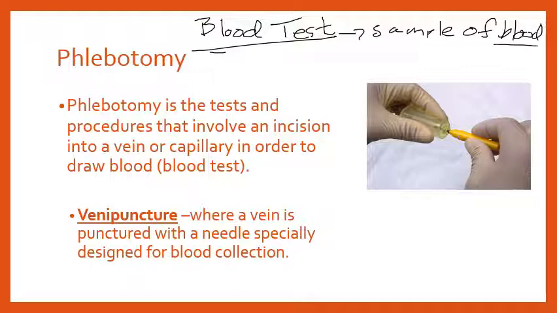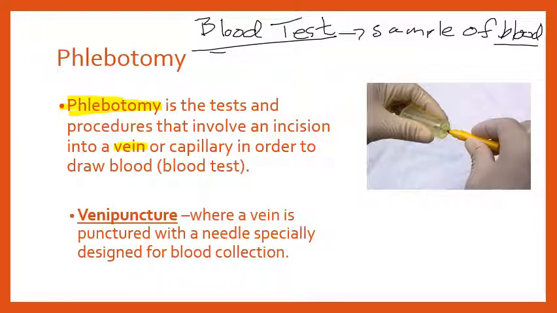Now, to get blood, we use the process of phlebotomy. And a phlebotomist is a person who is trained to draw blood. They always should draw blood from a vein.